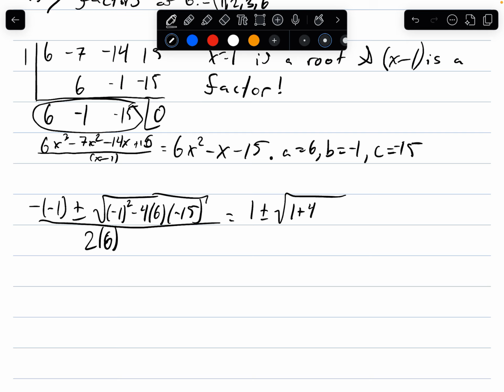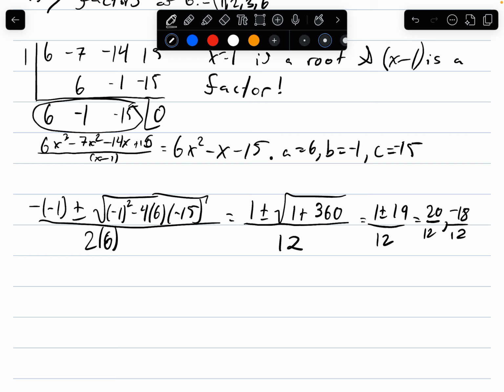So this is, I'll use a calculator real quick, 360. Actually, so it'll be 1 plus 360, divided by 12. And then when we take the square root of 361, we get 19. So it's 1 plus or minus 19 over 12, which is 20 over 12, or negative 18 over 12.